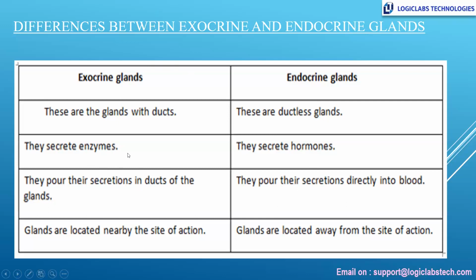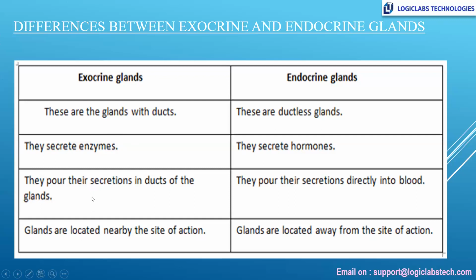Enzymes help in the breakdown of the proteins in your body, and that is done by the exocrine glands. Whatever food you take cannot be digested directly, so it has to undergo a lengthy process, and that takes place only through enzymes from the exocrine glands.